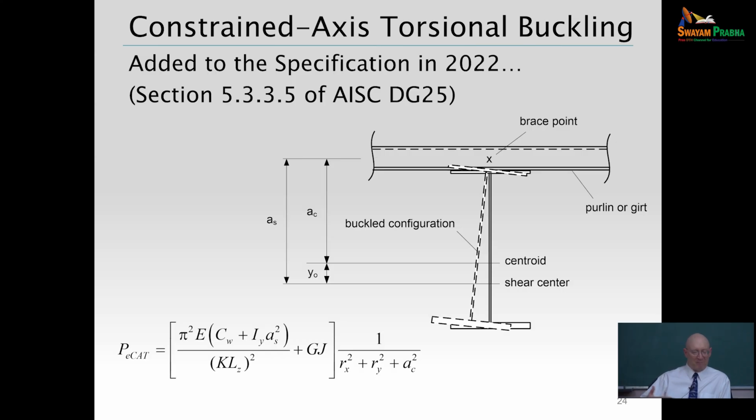And so we say, okay, if we're counting on that wall or the roof diaphragm for lateral bracing, then we're preventing lateral displacement essentially there at the level of the flange that's attached to the girt or purlin.